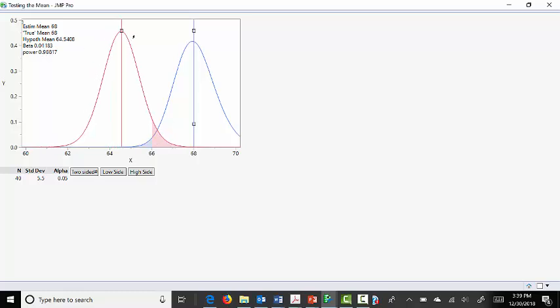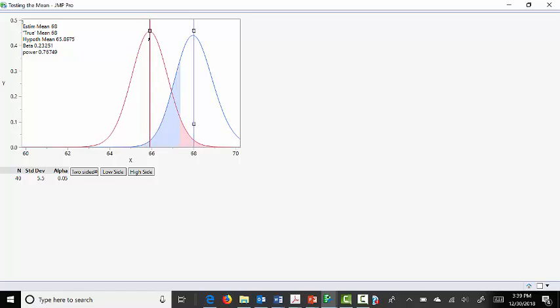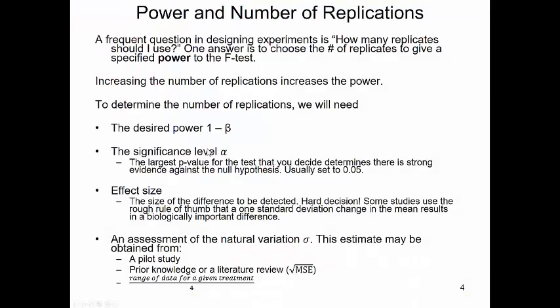But as these two distributions move closer to each other, we now have more area in the blue and my power goes down. Okay, so that relates back here on what really goes into the power and sample size calculation.